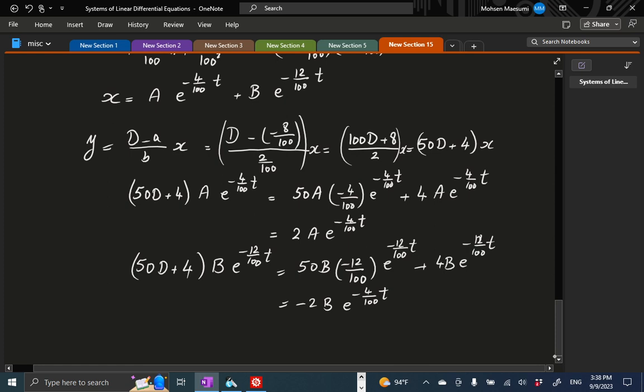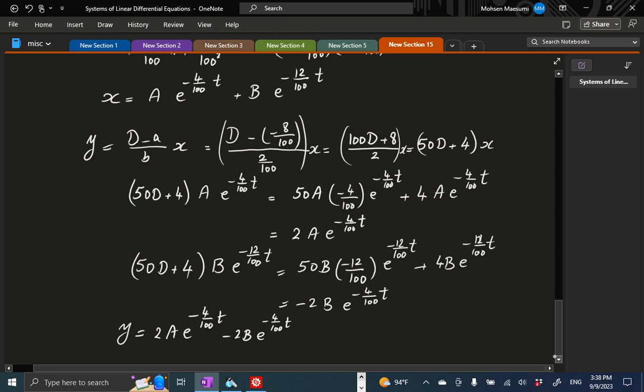So, we can put these things together. Y then, multiplying this by x, is made out of these two components. I have 2A exponential of minus 4 over 100t, and then minus 2B exponential of minus 4 over 100t.